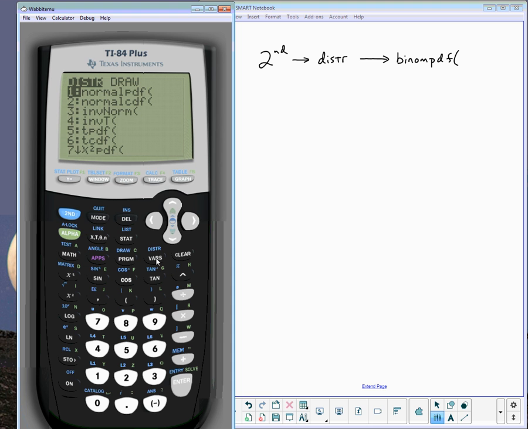Oh, I just didn't hit it right. There it is. So normal PDF. Now, is it binomial? There should be a binomial. There it is. Yeah, binomial, not normal. We'll deal with normal. Okay. So you can scroll down to it, or you can hit alpha and then math to get straight to it.